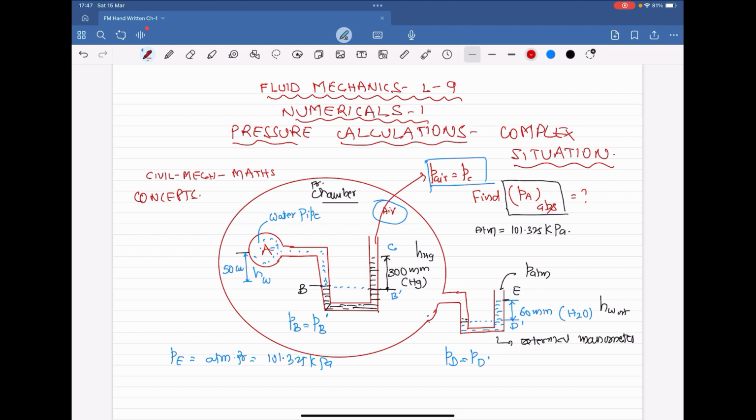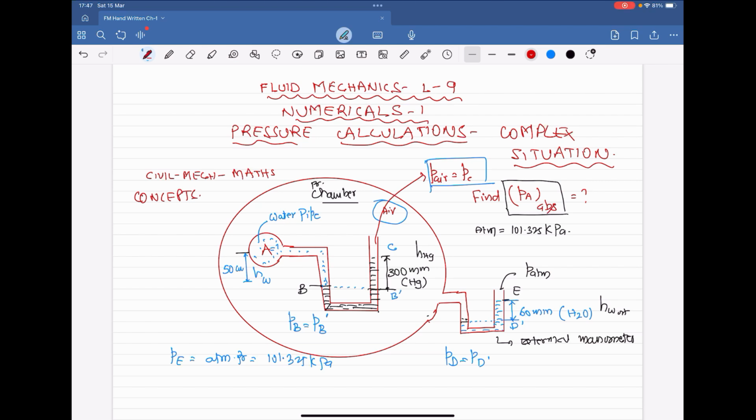Now, as you see on the screen, there is a pressure chamber inside which air is there, and a water pipe is going through it.